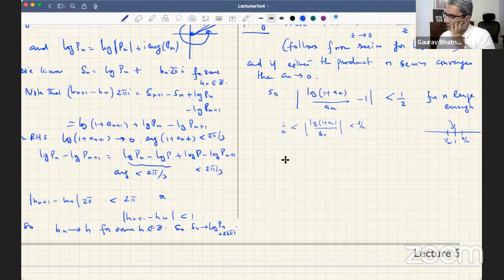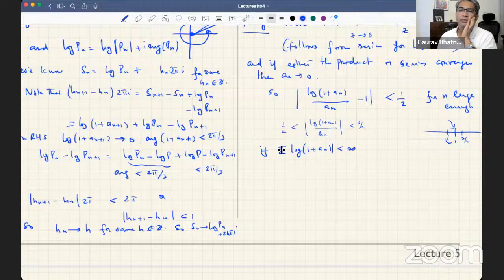So now, let's say if summation of the absolute value of log of 1 plus a_n converges, then we can see that summation of the absolute value of a_n is less than 2 times summation of the absolute value of log of 1 plus a_n.